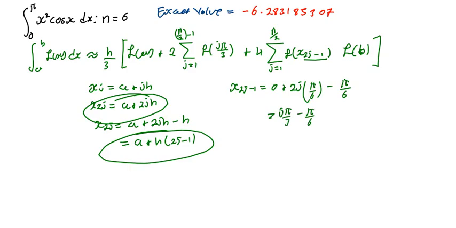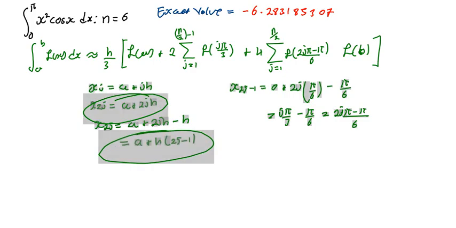If you make this a single fraction, that's going to be 2j pi minus pi, everything divided by 6. That's exactly what I'm going to substitute right here. So this is what we are going to be using.